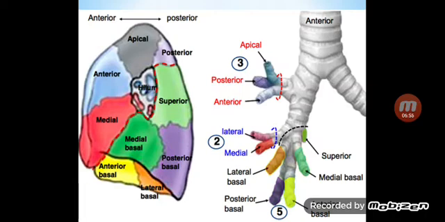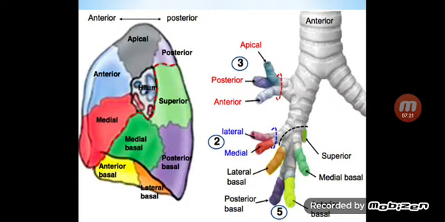The superior lobe has apical, anterior, and posterior segments. This is the superior lobe. And the middle lobe has medial and lateral segments, the purple color in the slide.